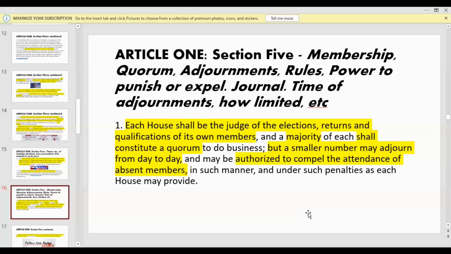Obviously, Roger Sherman was aware of that. You got to remember when they were writing this document, they wanted to distance themselves from the way things were being done in Great Britain. But that's why they went with a unicameral congressional system, instead of a parliament.